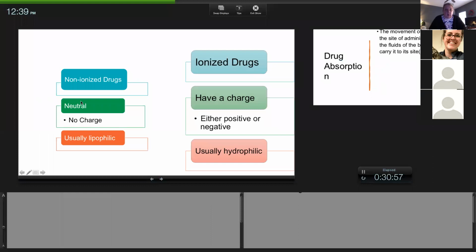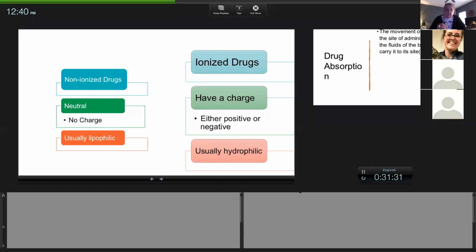The other factor in how drugs diffuse is whether they're charged, so remember ionized versus non-ionized. Non-ionized means the drug is neutral, it has no charge, and it's lipophilic. Lipophilic, fat-loving, tends to enter the cell because it's of a like substance. Now, the ionized drugs have a charge, either positive or negative, and they tend to be hydrophilic.